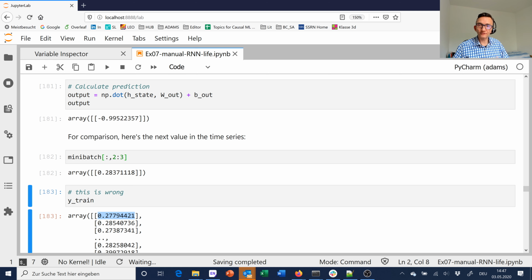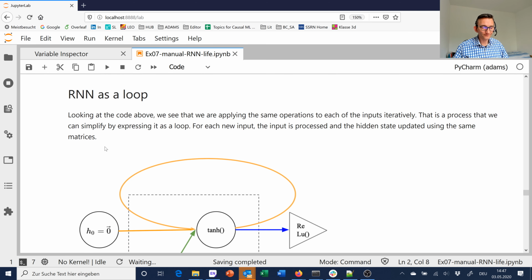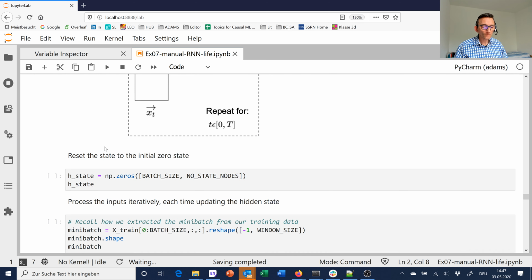And what we will do next to wrap things up is we will write down our RNN as a loop where we do more updates, where we really go through one sequence in its entirety, and then pull out a forecast for the target y. That's easy enough.